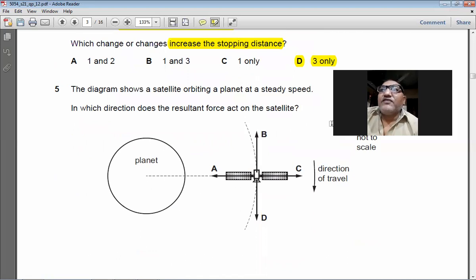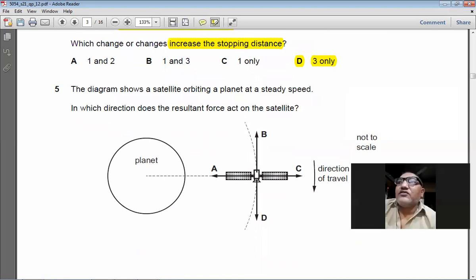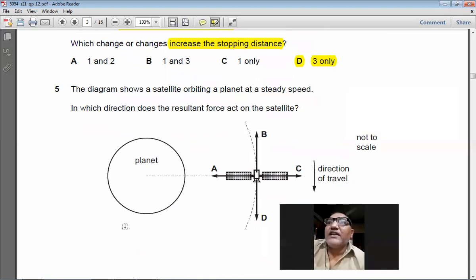Question number 5 is coming up on the screen. The diagram shows a satellite orbiting a planet at a steady speed. In which direction does the resultant force act on the satellite? Because the satellite is moving in a circular path, the resultant force is always directed towards the center of that circular path.